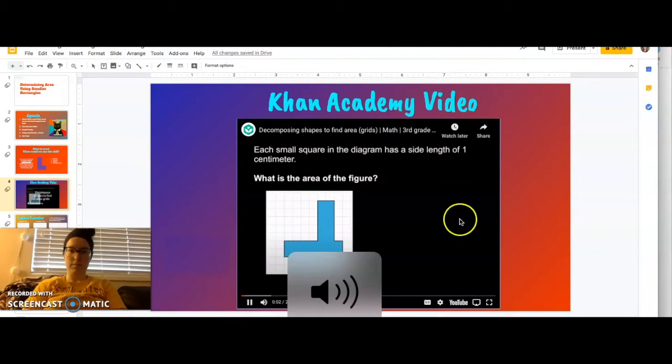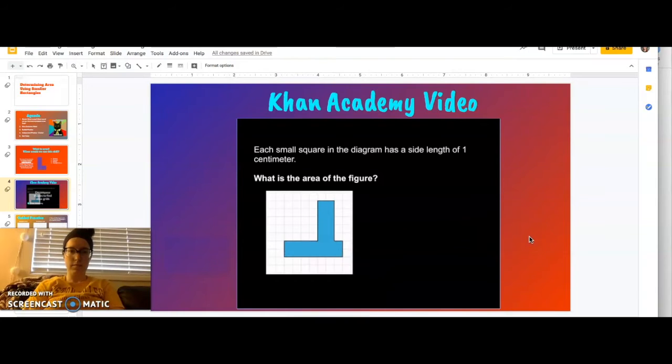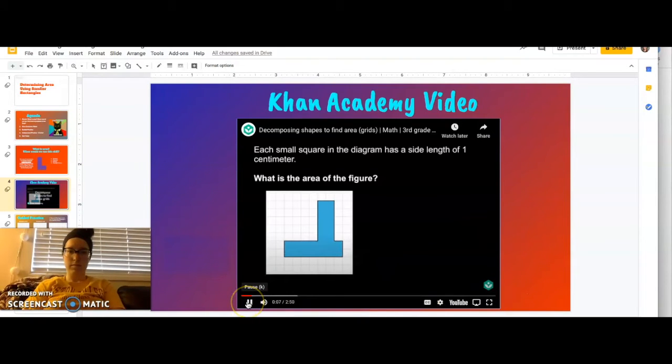Each small square in the diagram has a side length of 1 centimeter. So what is the area of the figure? So we have this figure down here in blue, and we want to know its area. Area is the total space it covers. And we're also told that each of these little squares has a side length of 1 centimeter.